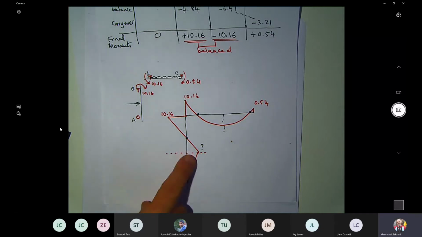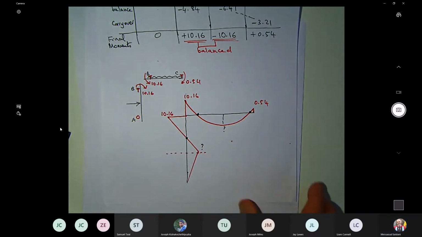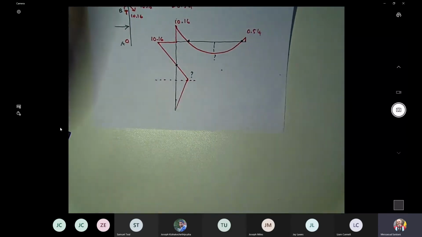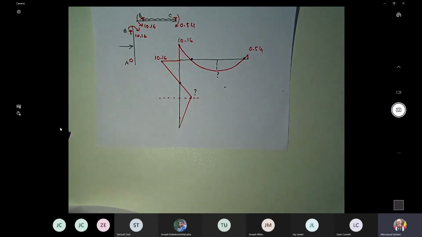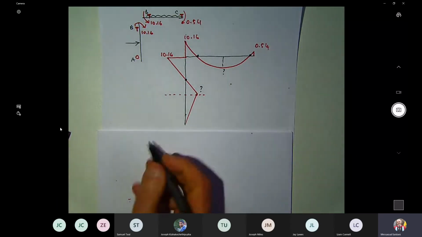Okay, so let's start with member BC. We have time, okay? So let's start with AB. So intermediate values.